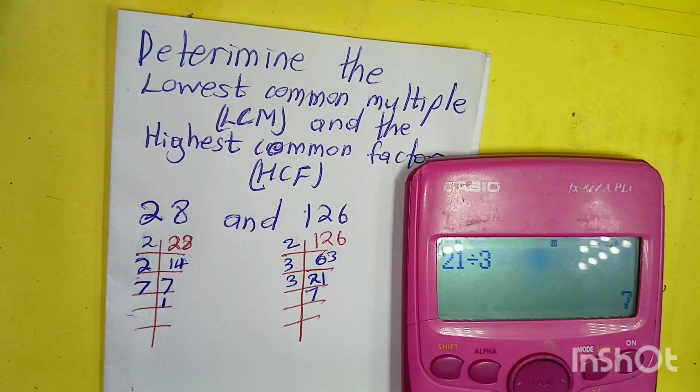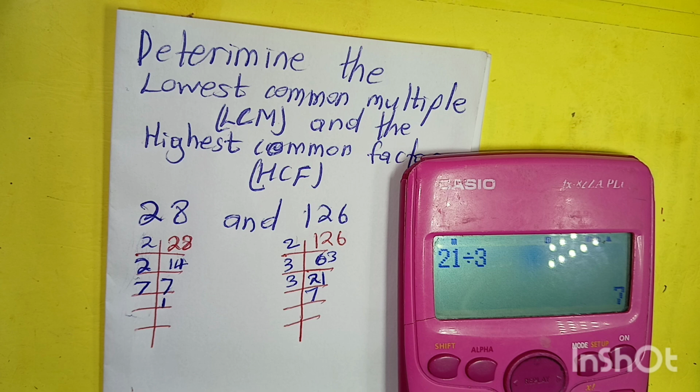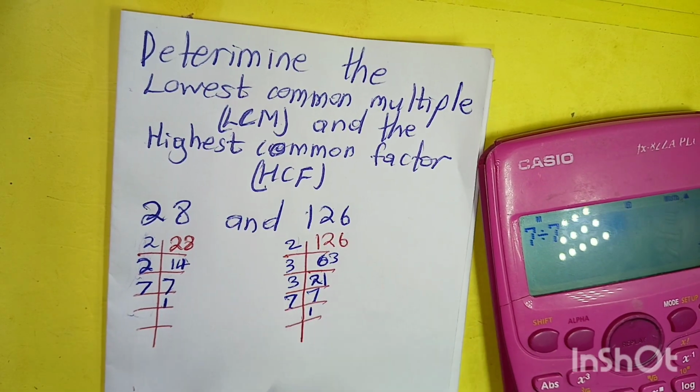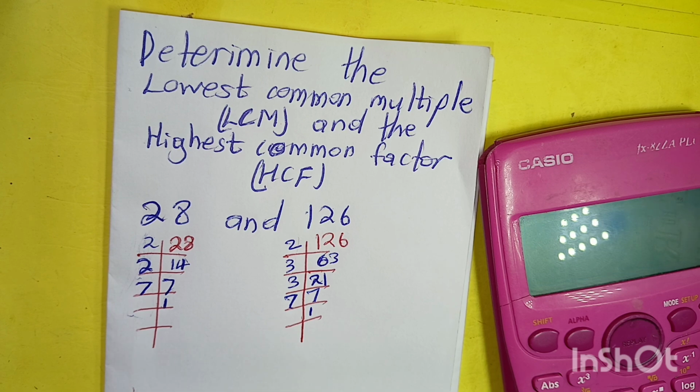So now we reach 7. Remember, 7 is a prime number. And you can say 7 divided by 7 because it is a prime number, 7 goes into 7 by 1 time. Do you see? So now we list all the prime factors.